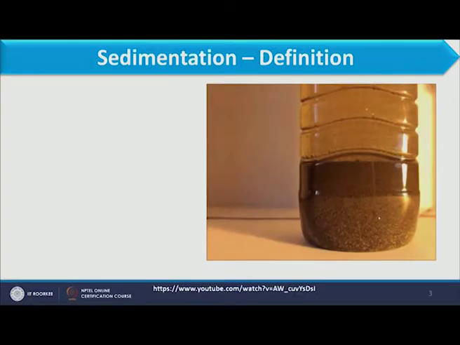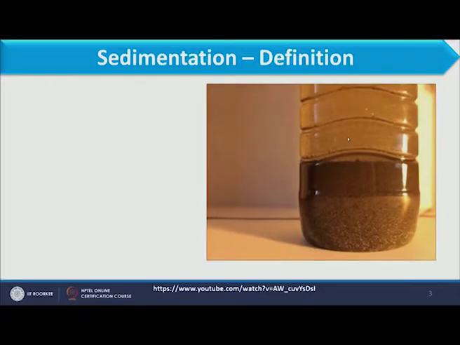If you consider the bottom-most section of the bottle, we have the solid, slightly larger particles in comparison to the layer above, and at the top of this we have the clarified liquid. That is the sedimentation process where slurry is allowed to remain at a still position for some time, and then we have the product of this.